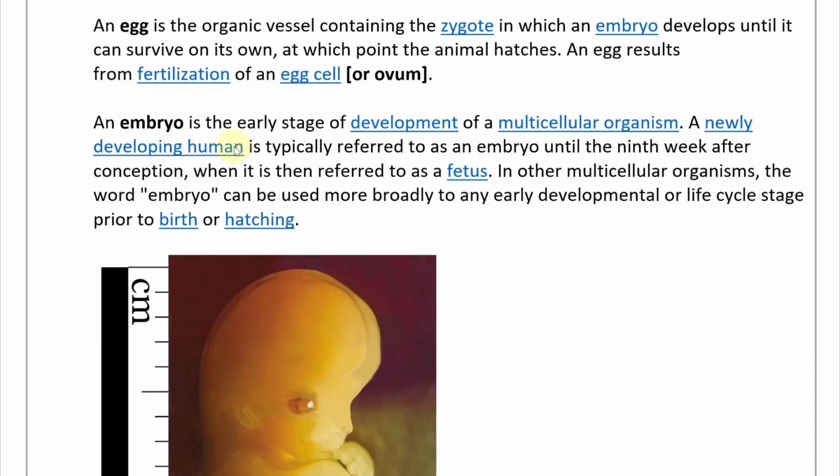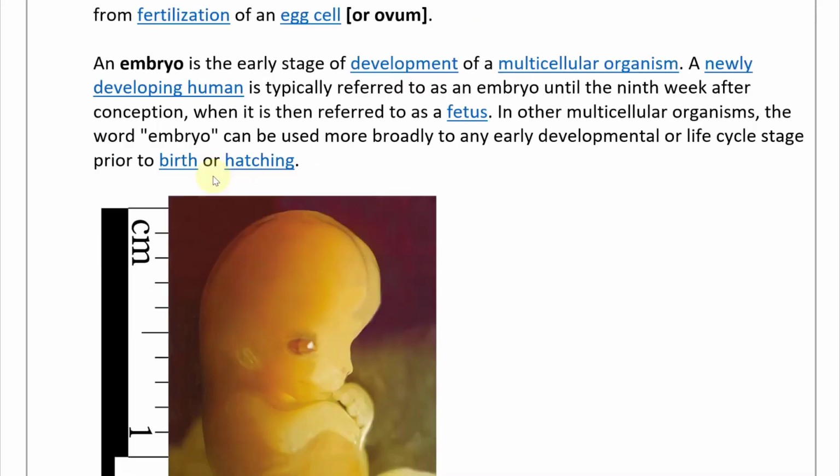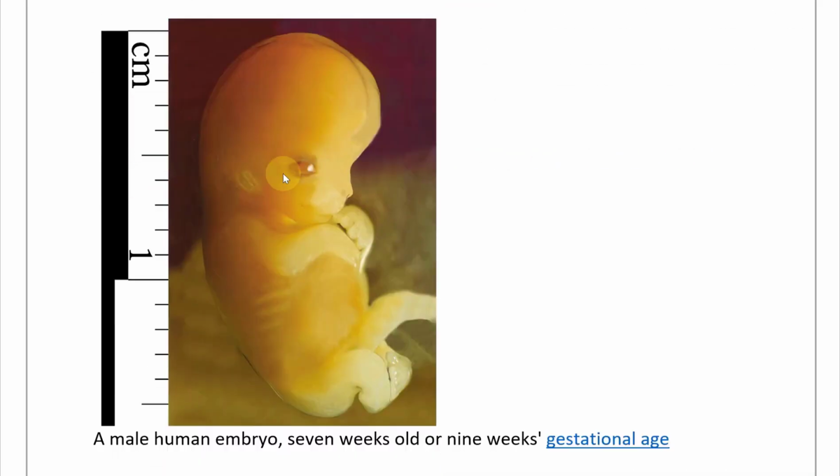And an embryo is the early stage of development of a multicellular organism. A newly developing human is typically referred to as an embryo until the 9th week after conception, when it is then referred to as a fetus. In other multicellular organisms, the word embryo can be used more broadly for any early developmental or life cycle stage prior to birth or hatching.